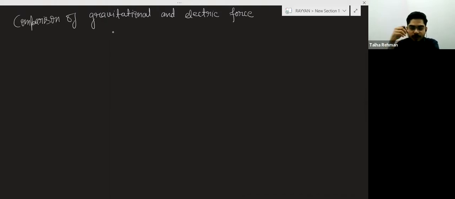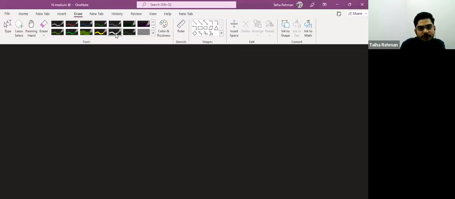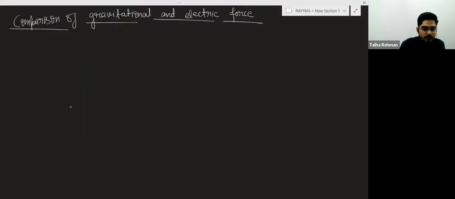For the comparison purpose, I am taking an electron and I am taking a proton. So this information of the electron and the proton, which I am writing here, you should have.